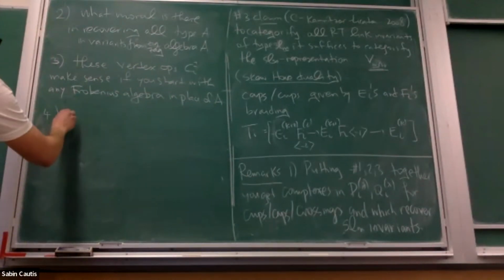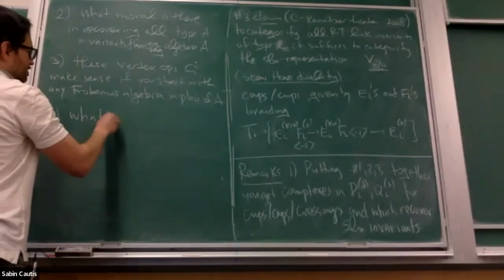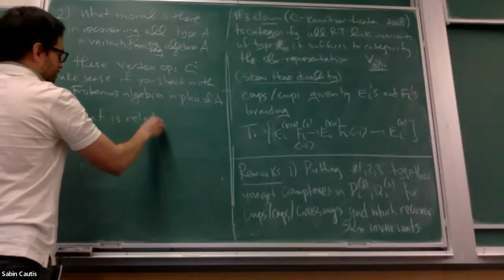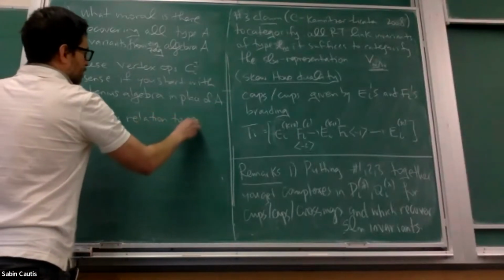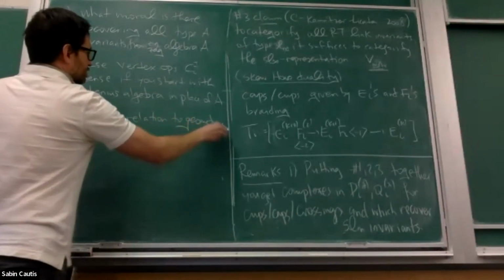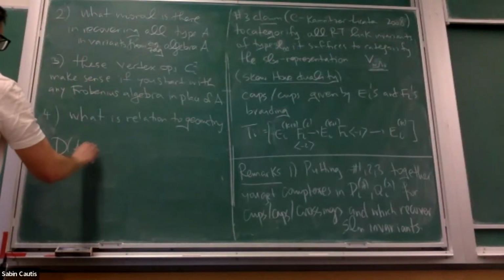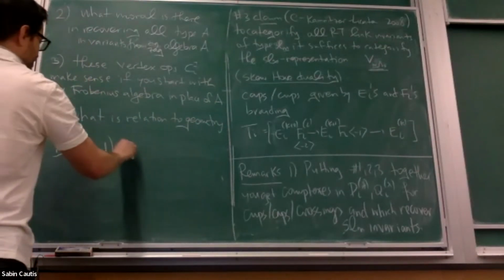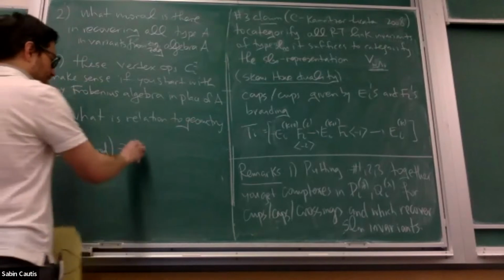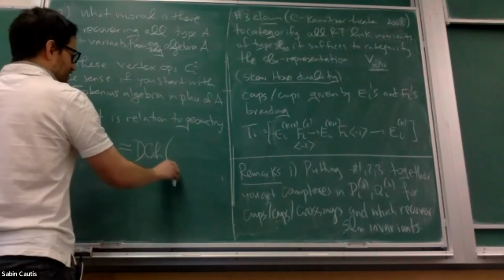For example, what is the relation to geometry? I wrote this in terms of the zigzag algebra, but of course, very roughly, if you look at the derived category of A-mod, this is basically more or less, if you're careful, the derived category of coherent sheaves.